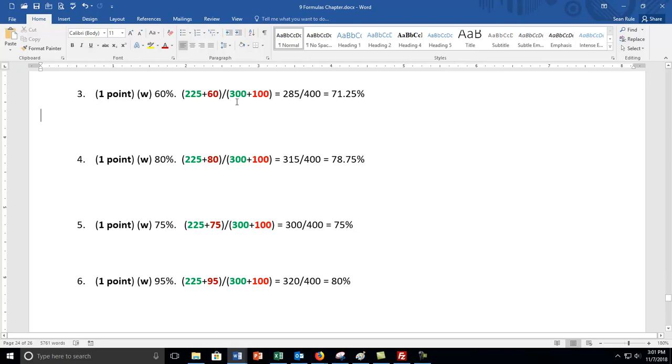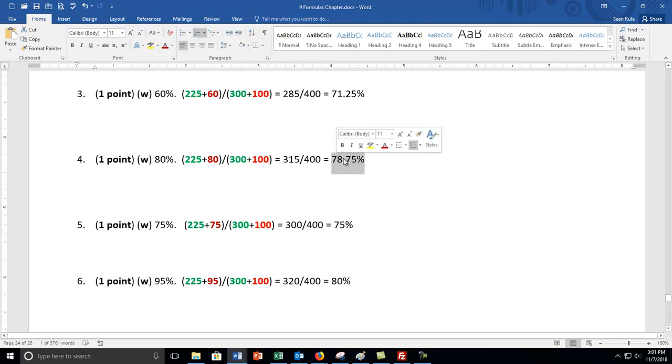So now here's the fun part. If you get a 60 out of 100 and combine that correctly with your points earned and points possible, you end up with a 71.25%, which is actually lower than your current 75%. Keep that in mind. If you get an 80, you end up with a 78.75%, which is higher than your current 75.